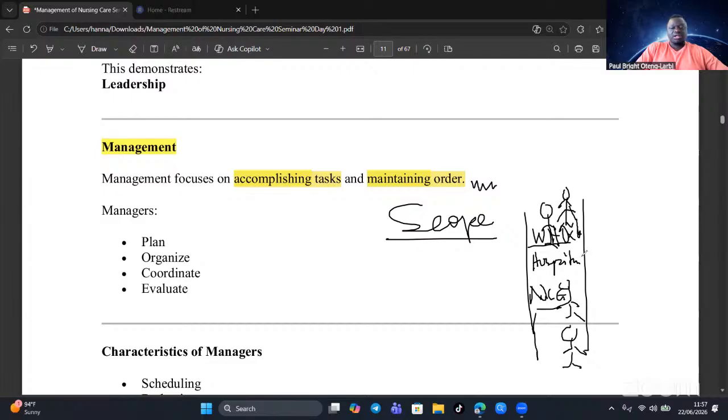No. According to hospital policies, are nurses supposed to sell things? No. According to the Nursing and Midwifery Council, are nurses supposed to? So it means the nurse is working, but she is practicing something outside the scope. So the nurse manager will intervene: hey, this thing you are doing is not allowed. So please stop. Then the nurse manager will bring the nurse back to the scope.